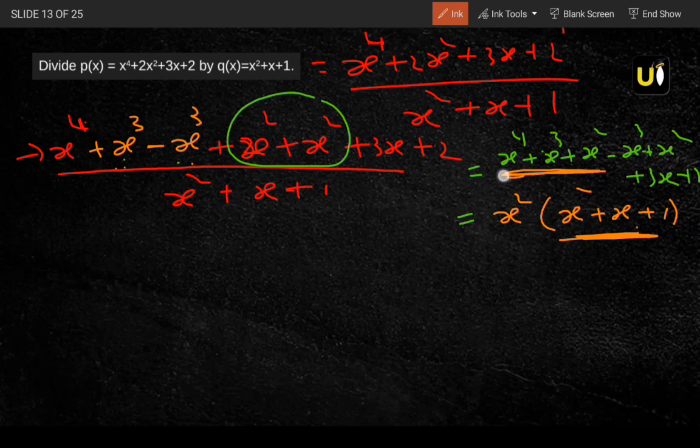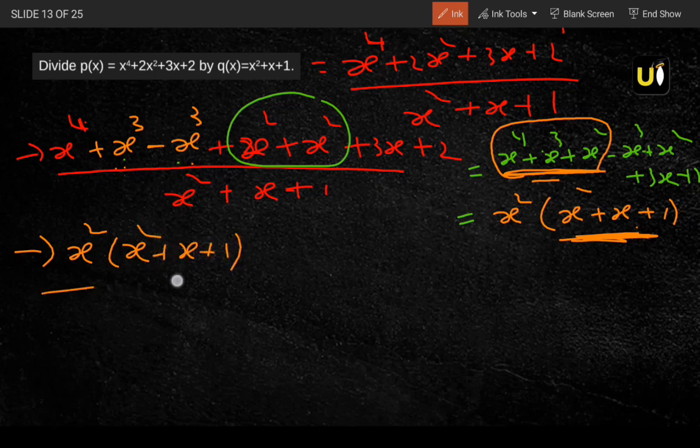Okay, now how do we modify this term? Here we are having minus x cube term. Suppose again we add, let me change the color, we add x cube and we subtract x cube, and the remaining term will be same plus x square, and we split this 3x as x plus 2x, and this one will remain same by x square plus x plus 1.